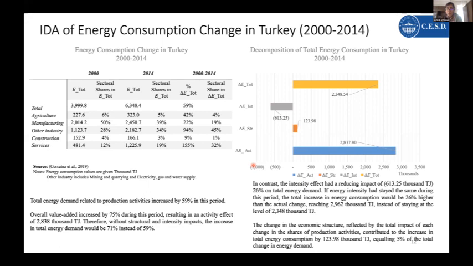So 5% of the total change in energy demand came from the changes of sectoral shares. On the other hand, improvement in energy intensity, which means a decrease in energy intensity, has a decreasing impact on energy consumption during the same period. If there were no improvement in energy intensity, the energy consumption would be 26% higher than the actual level.